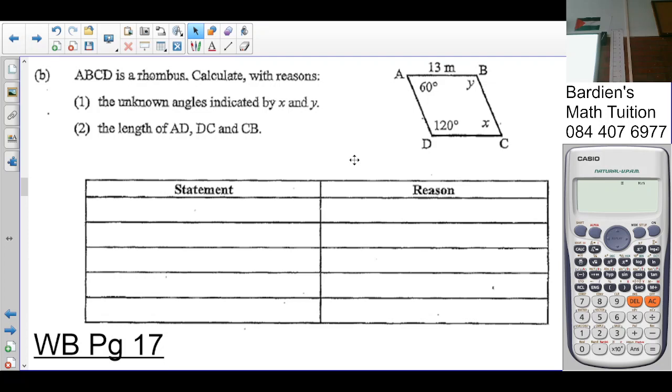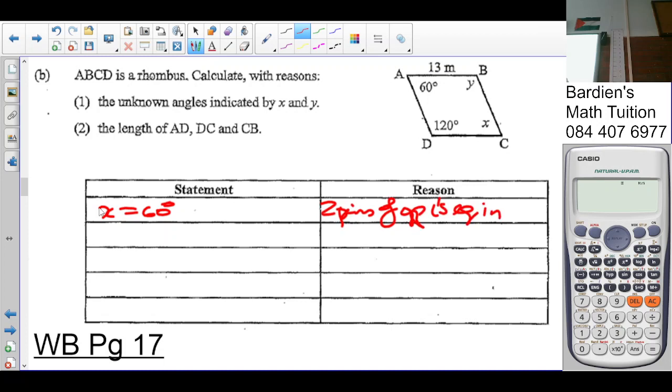So, calculate with reason the unknown angles indicated by x and y. So x is equal to 60 degrees. Why? Two pairs of opposite angles equal in rhombus. Right? y is equal to 120 degrees. Why? Two pairs of opposite angles equal in rhombus.